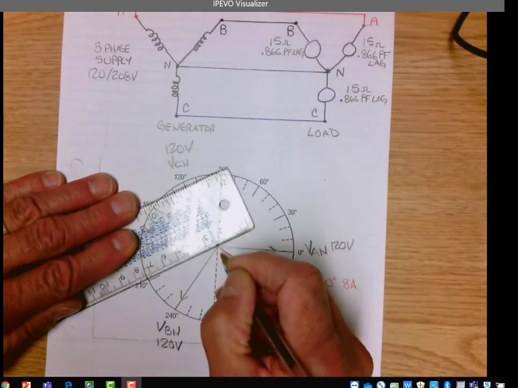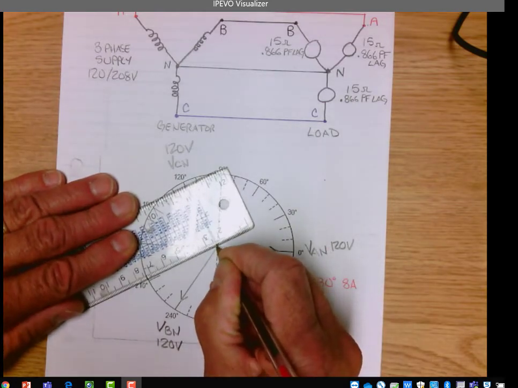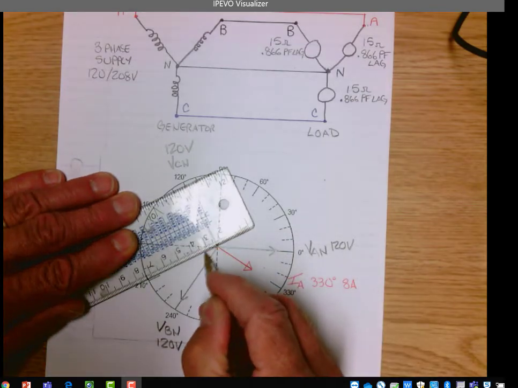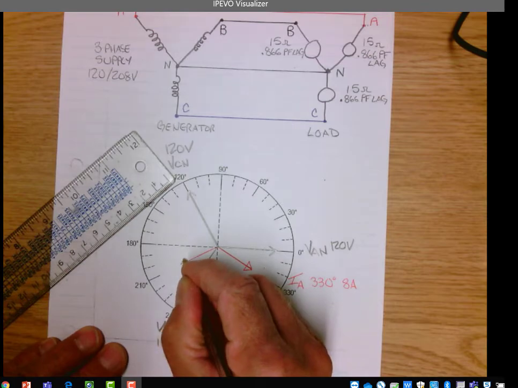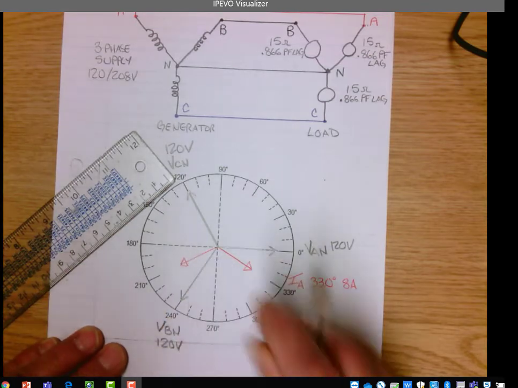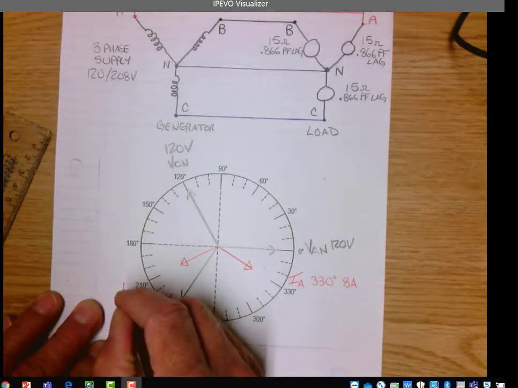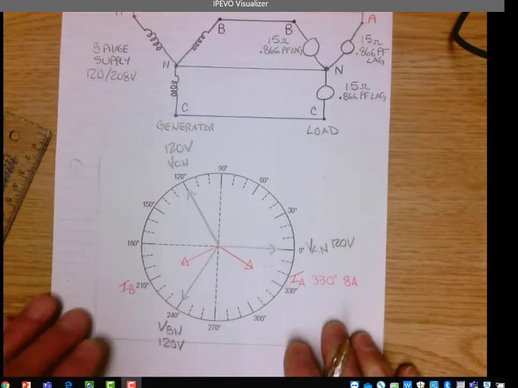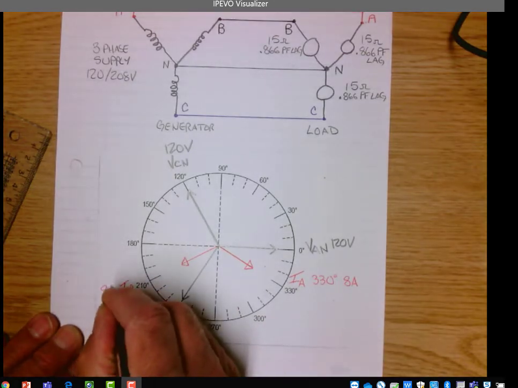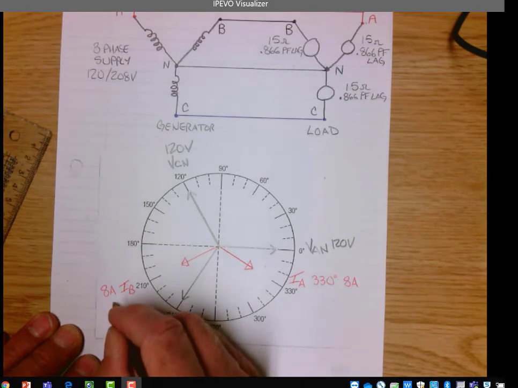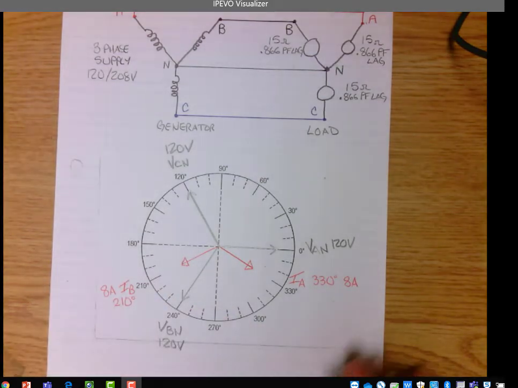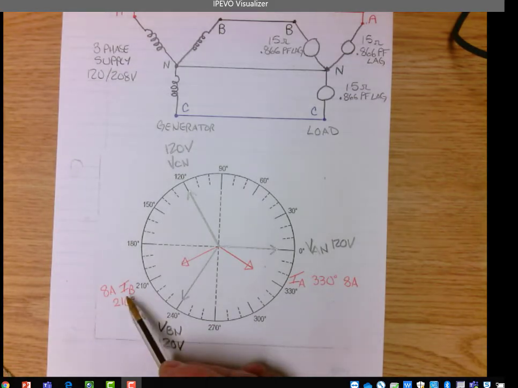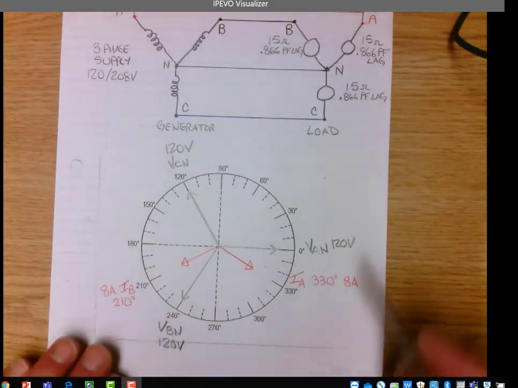So I'm going to put IB, which is 8 amps as well, at 210 degrees. So that is phase or line B current at 210 degrees.